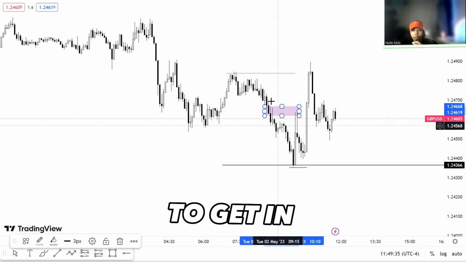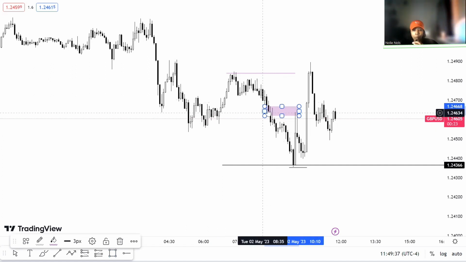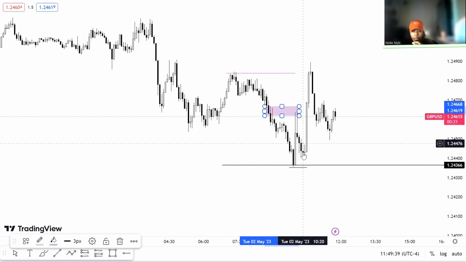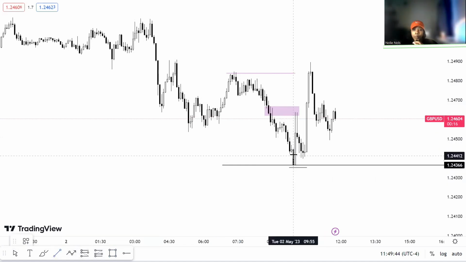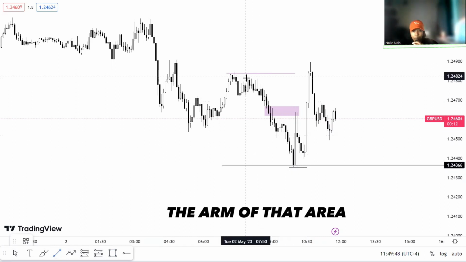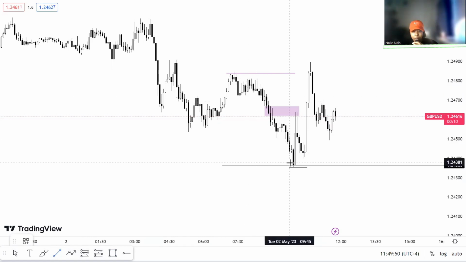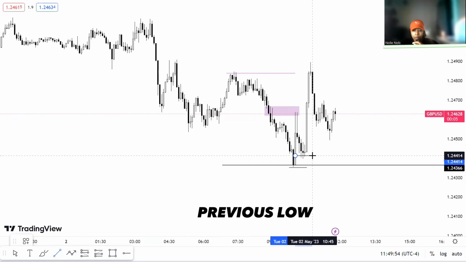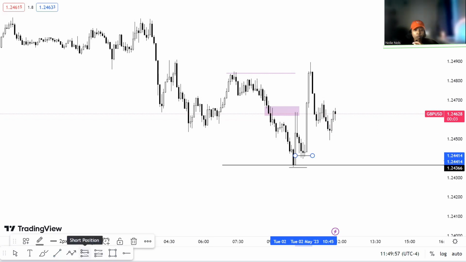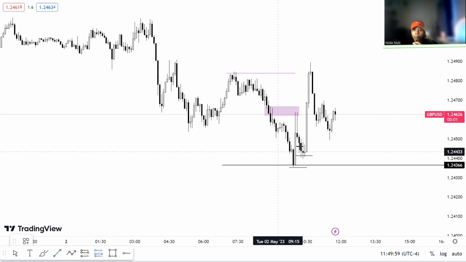So if we have an opportunity here, we place a box there, we have a retracement, we'll come back down, and then you place your stop loss below the arm of that area or below the previous low. And then you look at your buys.